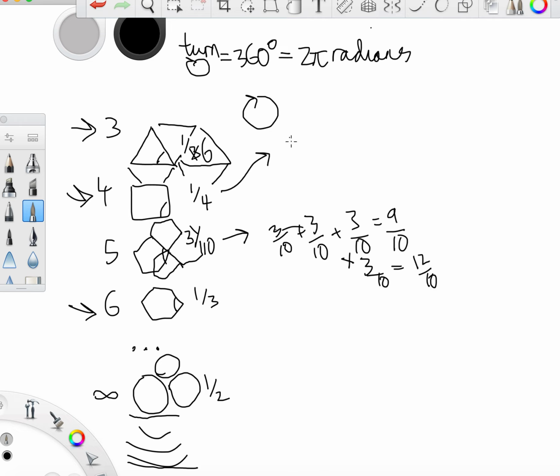Or with squares, because each interior angle is a neat quarter of a turn, you just put 4 together: a quarter plus a quarter plus a quarter plus a quarter equals 4 over 4 equals 1. So 1 complete turn. That means you're not going too far, and you're not not going far enough.